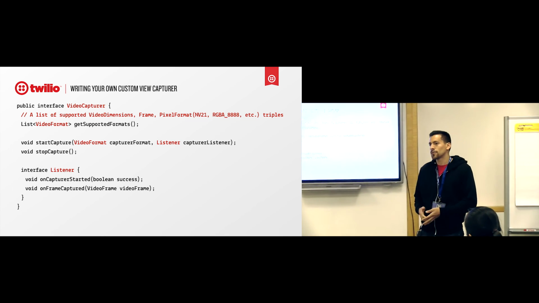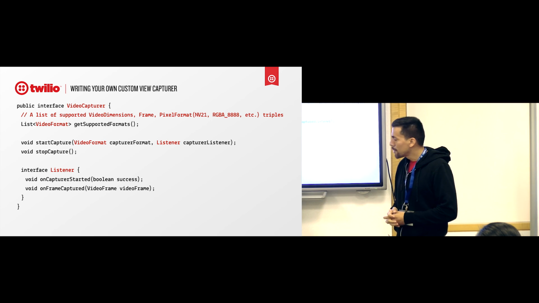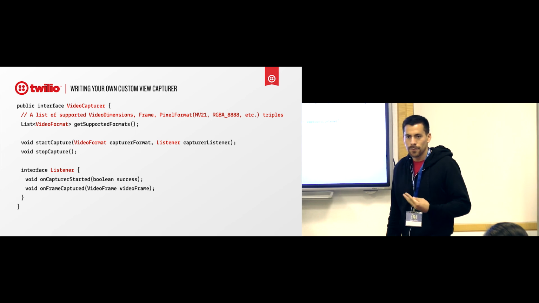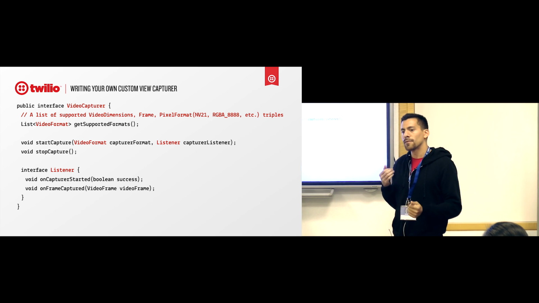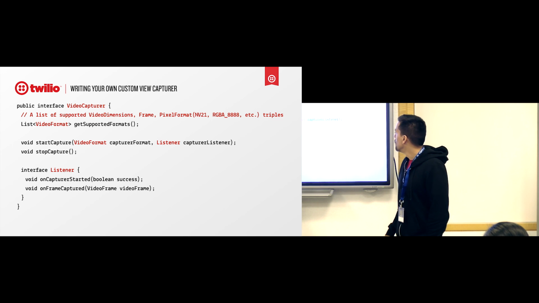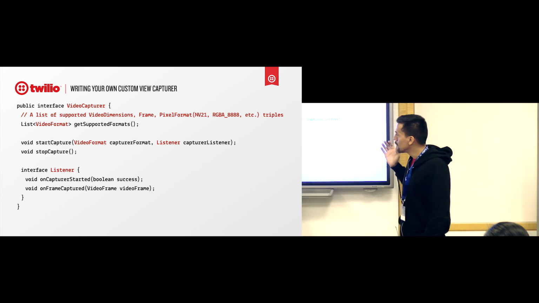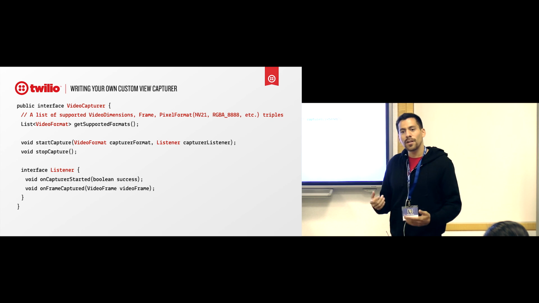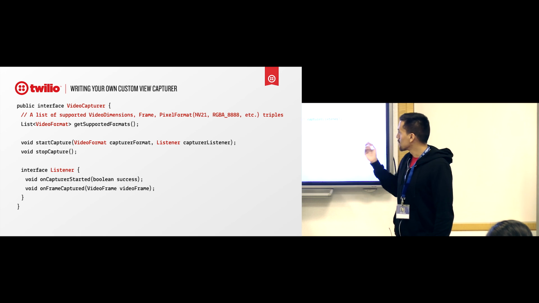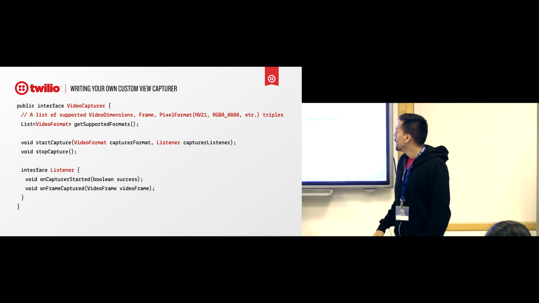This video capture interface isn't super complicated. It requires that you implement three methods. Get supported formats is something you provide to tell us what formats you support. This is a triple of information: the video dimensions, the frame rate that you're planning to use, and the pixel format, which is more related to the display that you're using.